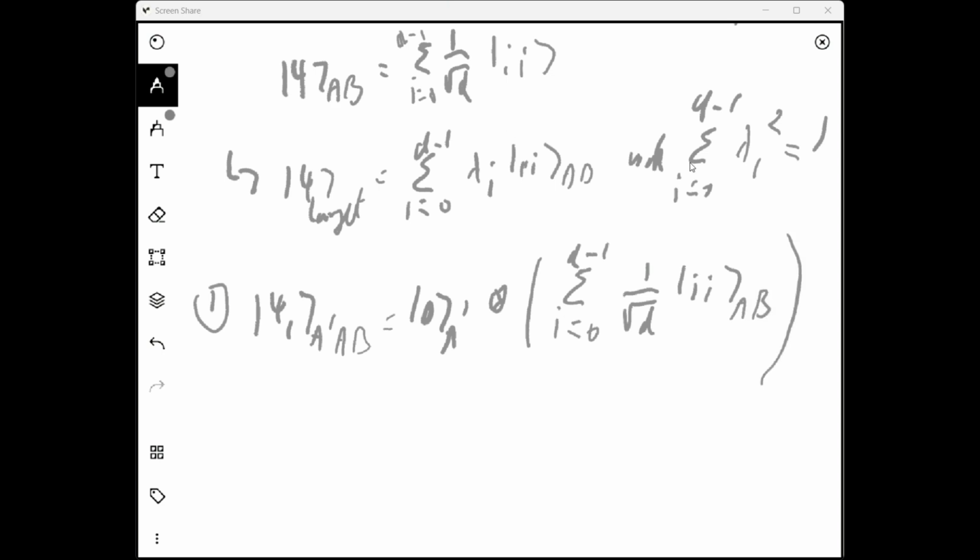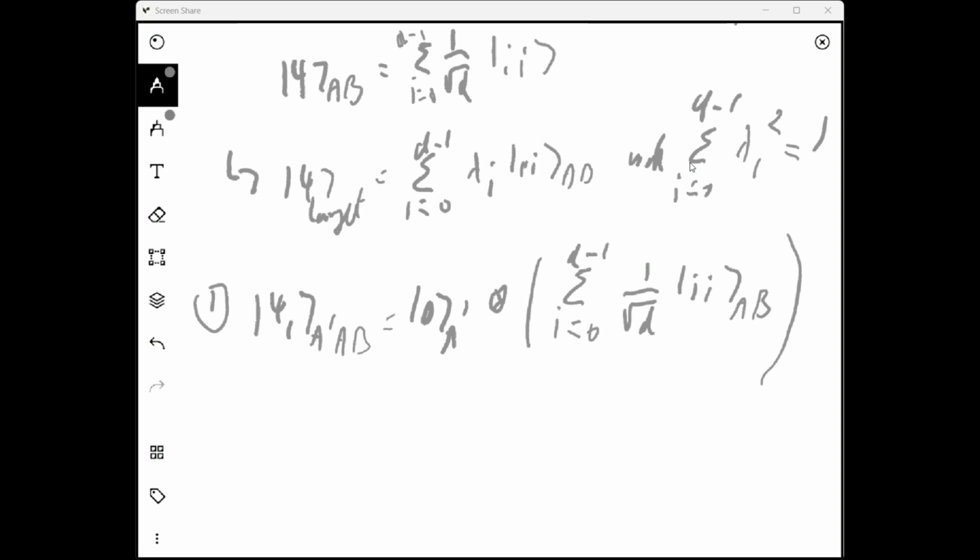And after, we want to apply a local unitary U. So Alice has access to the systems A prime and her qudit A, and she applies this local unitary to transform into a state with the amplitudes that she wants, like what coefficients she wants.